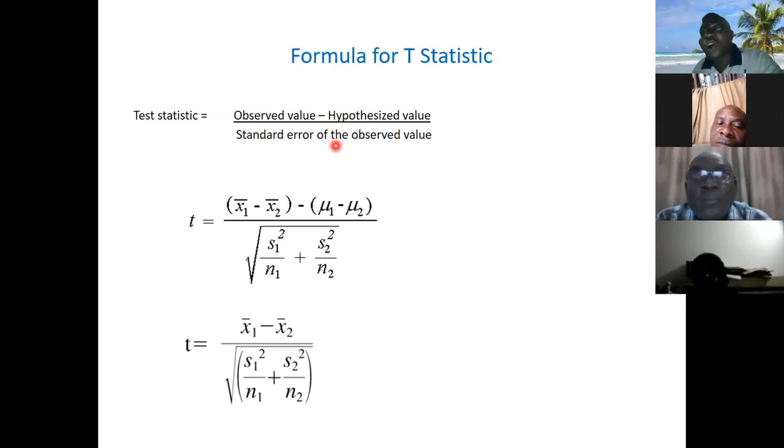If the difference you observe is the same thing as the inherent variability, when you divide, it gives you 1. That shows there's no difference, there's no association, no difference between the two groups you're dealing with.